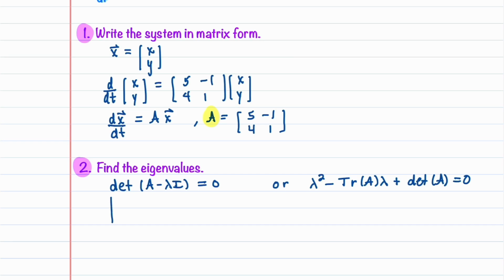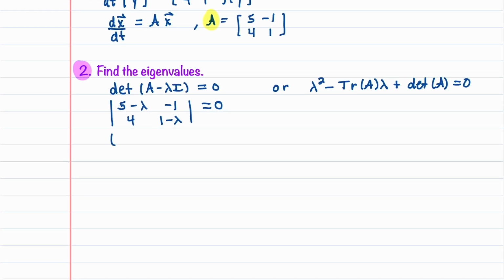Let's go over here and do the determinant way first. We're going to take 5, and then we're going to subtract lambda off the main diagonal, and then we have minus 1, 4, and then we have a 1 minus lambda, and that's equal to 0. Multiplying the main diagonal entries, we have 5 minus lambda times 1 minus lambda, and then we subtract off our off-diagonal entries, minus 1 and 4, and we multiply those.